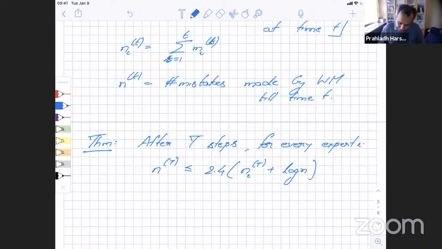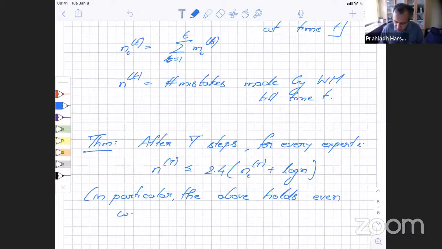In particular, the above holds even with respect to the best expert i star, which is argmin over i of n_i^t.